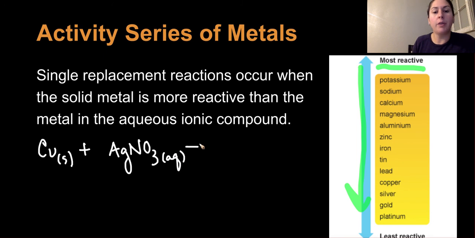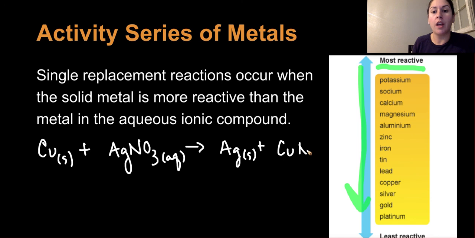And we ended up producing silver, so Ag. The silver didn't come from nowhere. It actually already occurred in the solution itself, and that'll be a solid that was deposited on the outside. And then we produced copper 2 nitrate, was actually what the solution was.